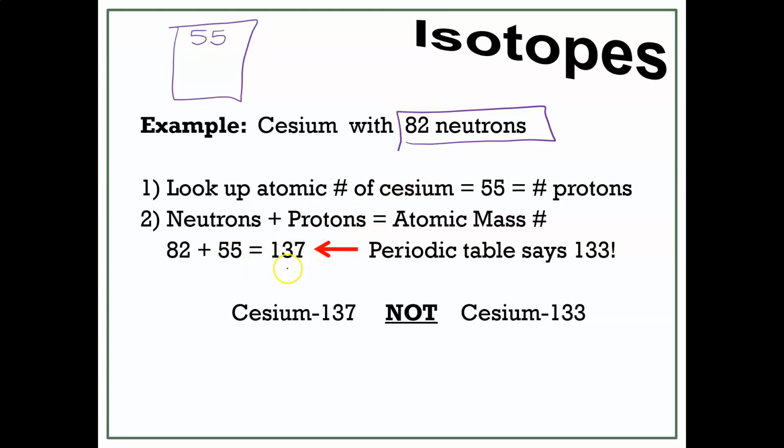That tells us that the version of cesium in this question is cesium-137. Even though the periodic table may say 133, the periodic table just has the most common isotope. It has the most abundant version.